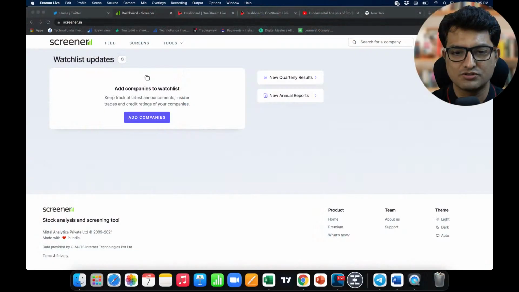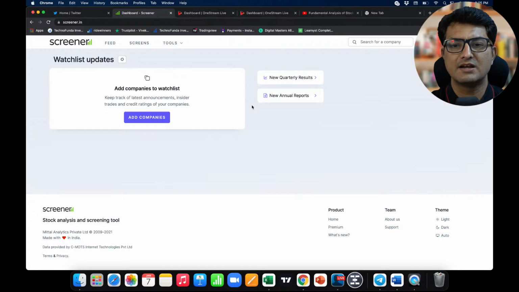Okay. So here is how you need to go to the Screener template. And you need to log in on your screener. So let me just share the screen again and let's go step by step. All of you hopefully now are able to see the screen. If you are not signed in, you need to sign in on the screener first and then follow the steps.